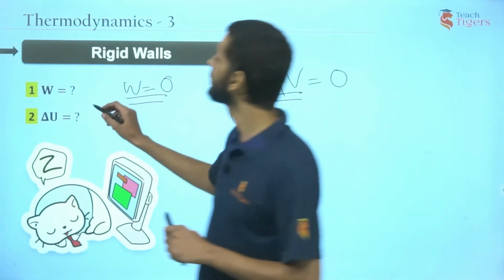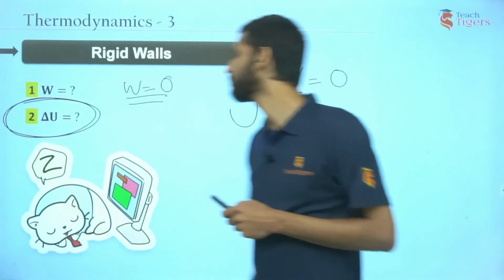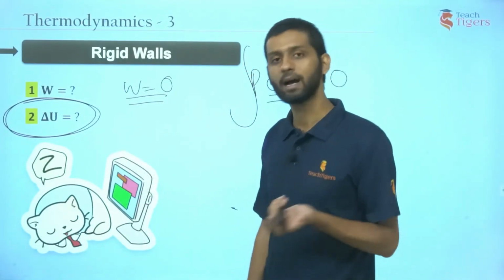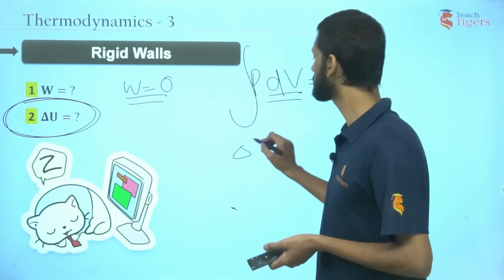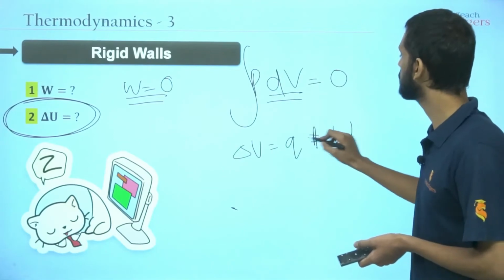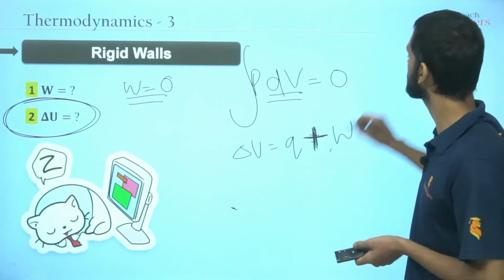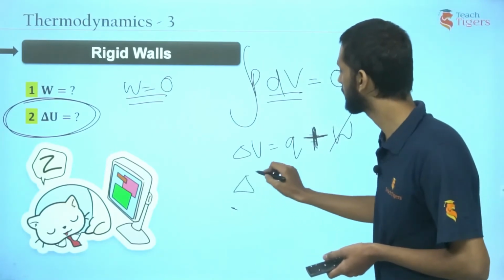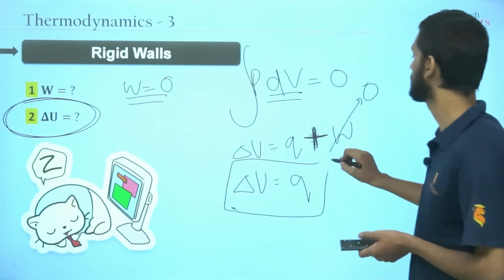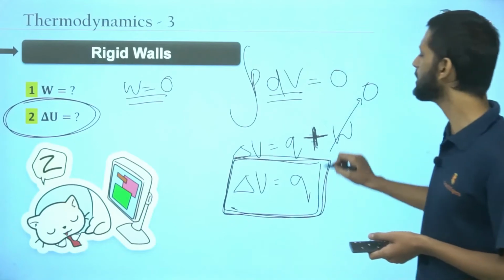Now the question is, what is delta U? Using the first law of thermodynamics, what is delta U? And the answer, very simple. We first write the first law of thermodynamics: delta U equals Q plus W. And we said rigid walls, work done is 0. So delta U equals Q. So when you have rigid walls, you get delta U equals Q. Very important.